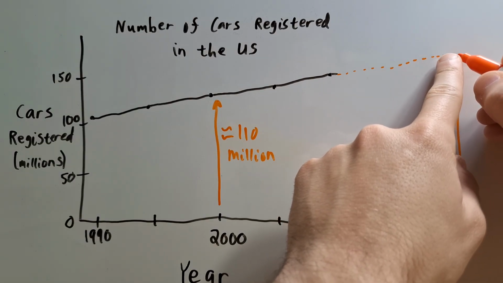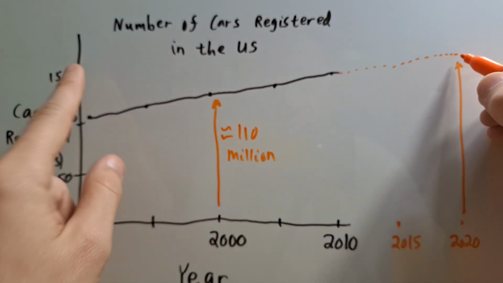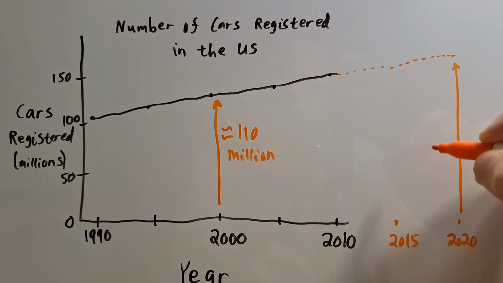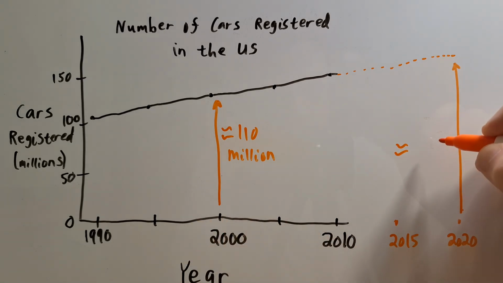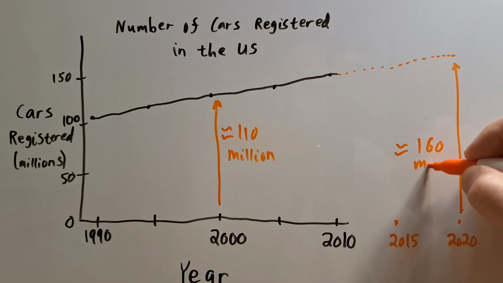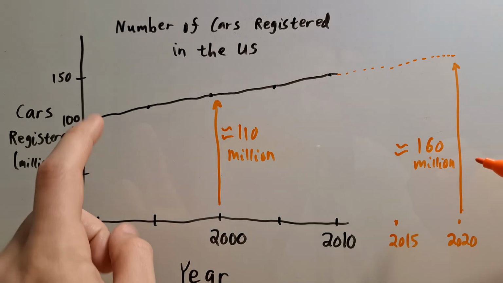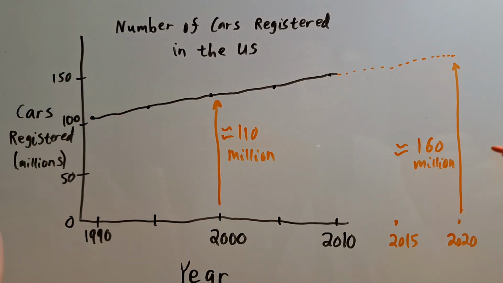So if I look and go this way, I'll be just above 150. So a good guess could be, again, these are just guesses and predictions, so we'll say 160 million. As long as we're not too far off from the scale on this graph, we'll be okay.